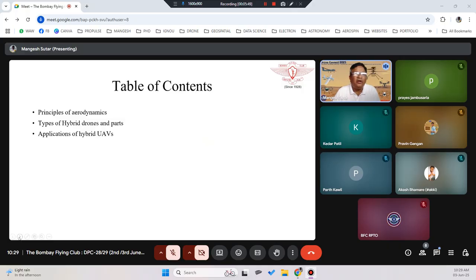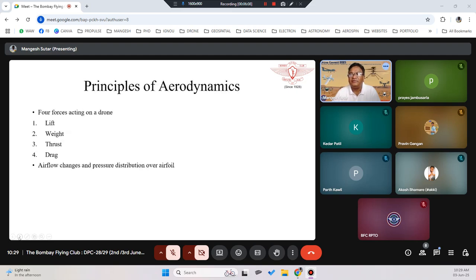So in hybrid also, since the fixed wing components are there, we need to understand the principles of aerodynamics, then types of hybrid drones and parts, and then applications of hybrid UAVs. In which area or what segment of terrain do you normally use hybrid UAVs? Since it's the same functionality as used in a fixed wing, hybrid also has its own fixed wing.